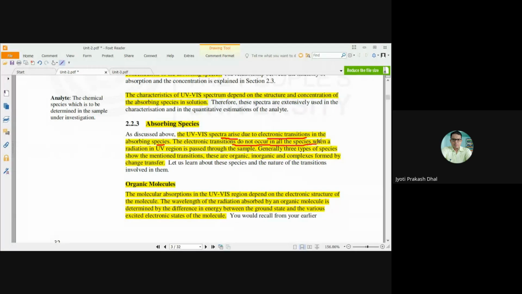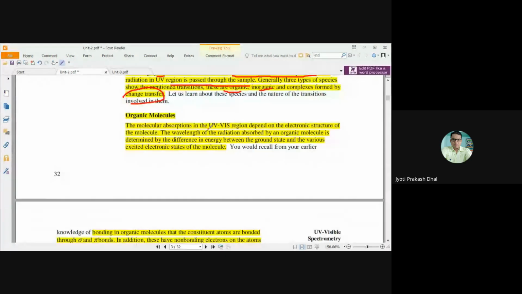When the radiation of UV region is passed through the sample, generally three types of species show absorption: these are organic species, inorganic species, or complexes formed by charge transfer. So first one is organic species.